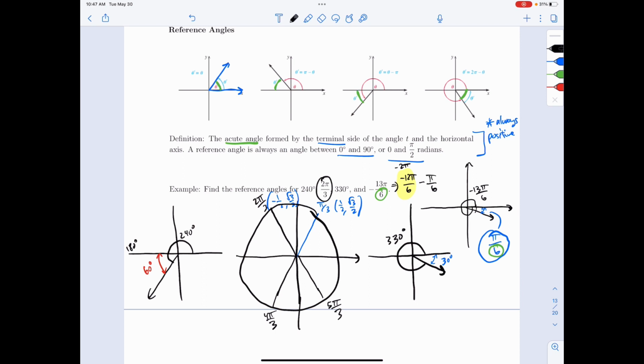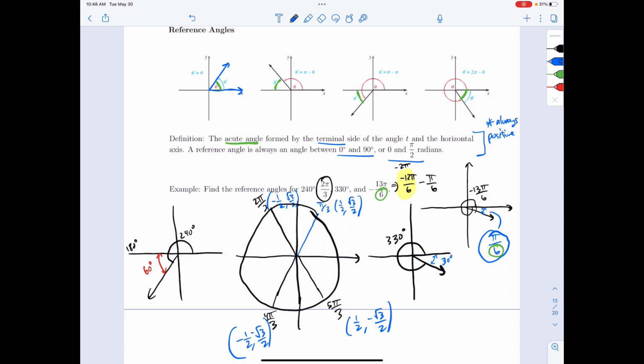Notice that those all have a denominator of 3, so they have the same reference angle as 2 pi over 3. That tells us that the coordinates are all the same, 1/2 comma root 3 over 2, and the only thing I need to be aware of is what the signs are. In quadrant 3, the signs are both negative. In quadrant 4, the x coordinate is positive, the y coordinate is negative.